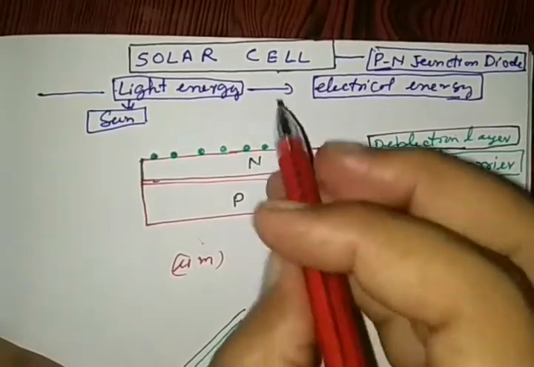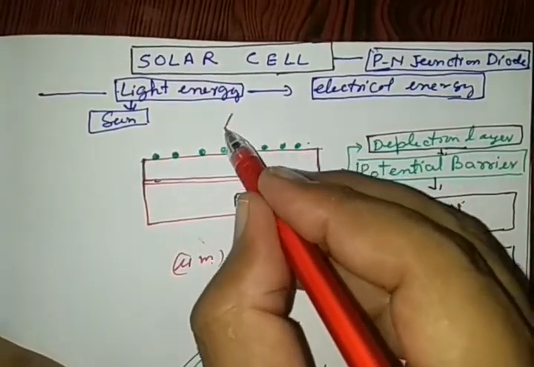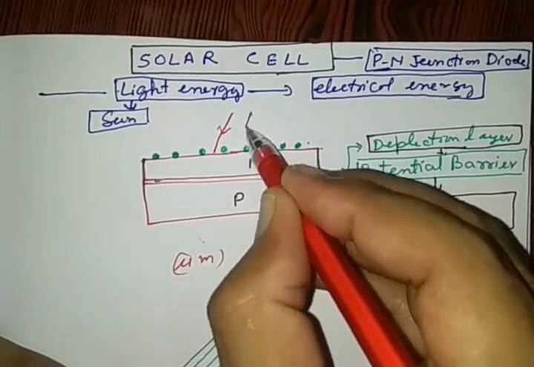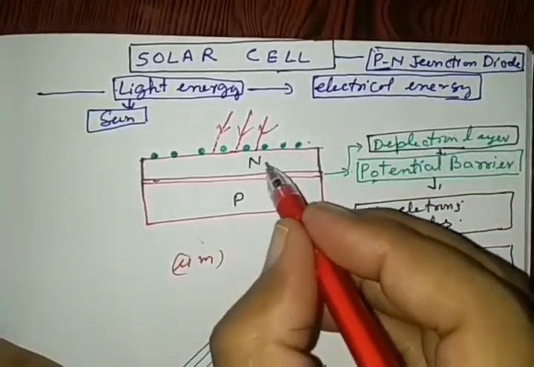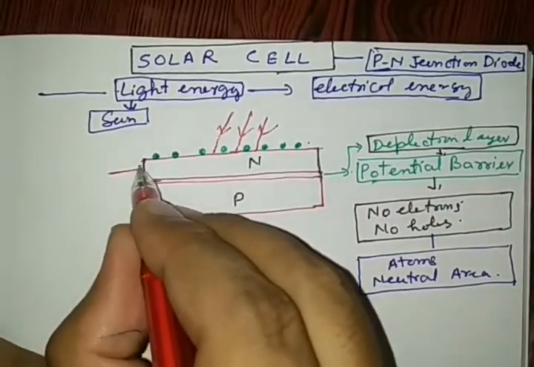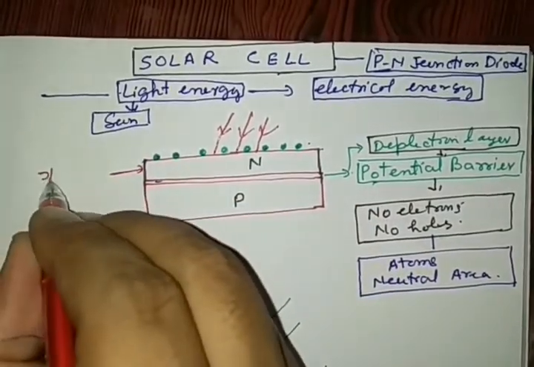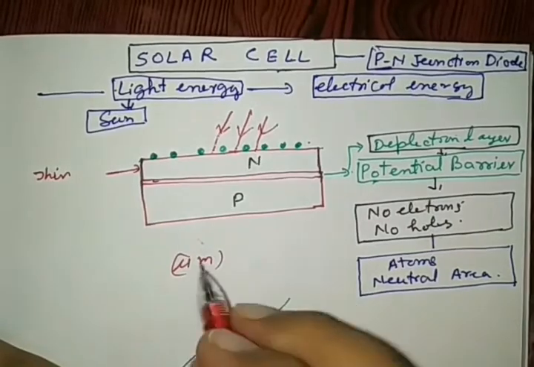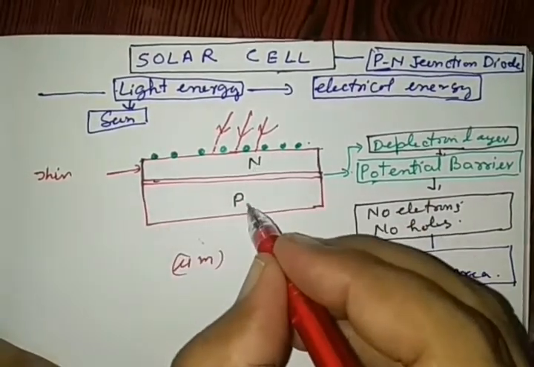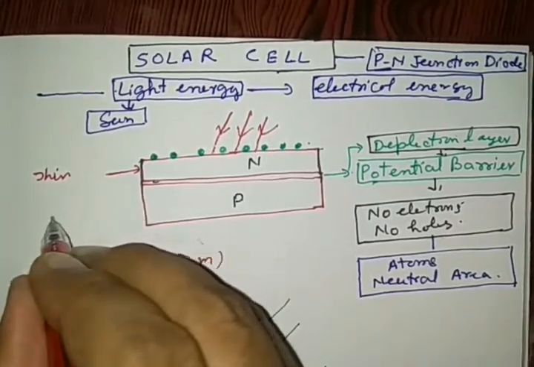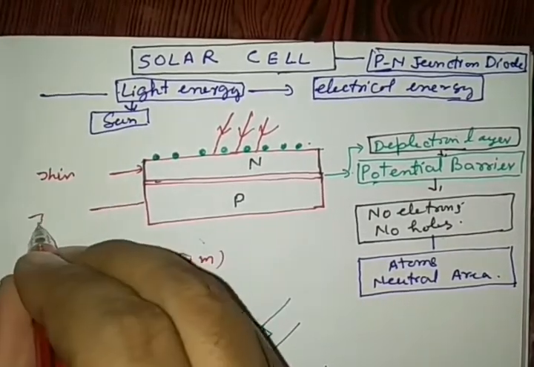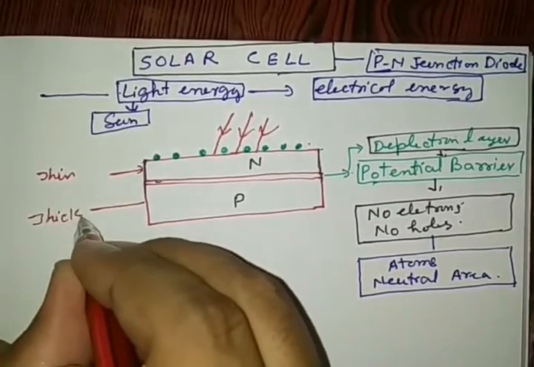The upper surface, which will be exposed to visible radiation, sunlight, will be thin, and the P type semiconductor, which will be downward, will be thick.